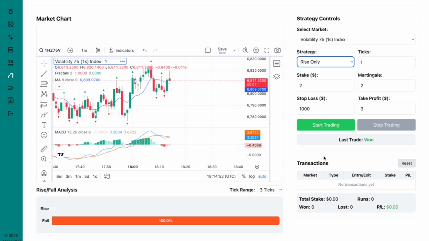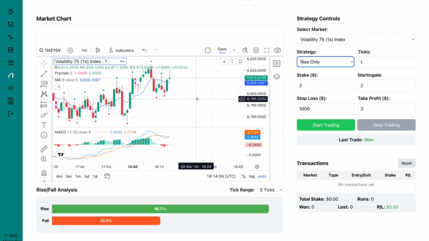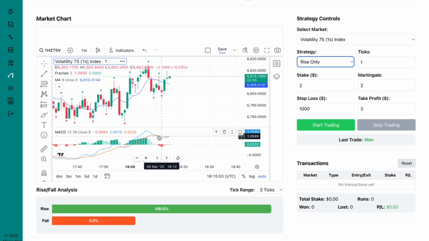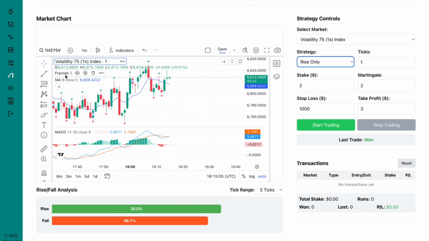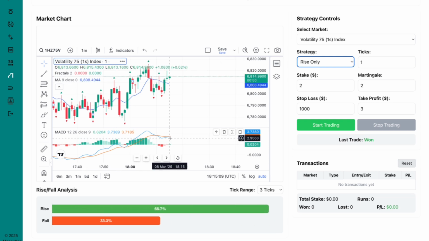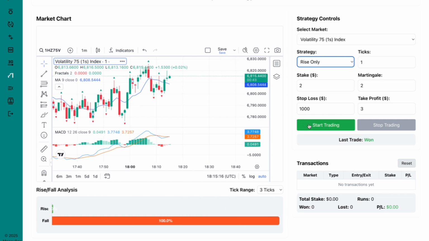So we just wait. And remember, our balance has changed. We're now on 112, and you're only trading one strategy. This is MACD, normal settings for MACD, Williams Fractal, moving average. We just wait for these two lines to join. We wait for the fractal, and we wait for a movement upwards.